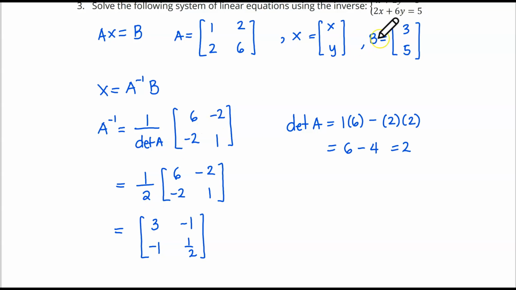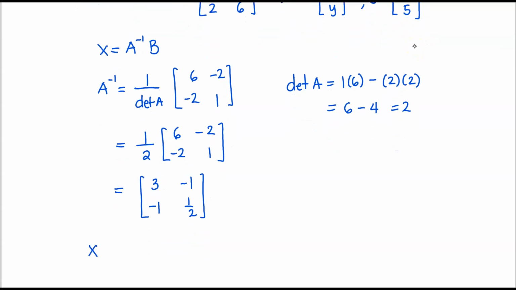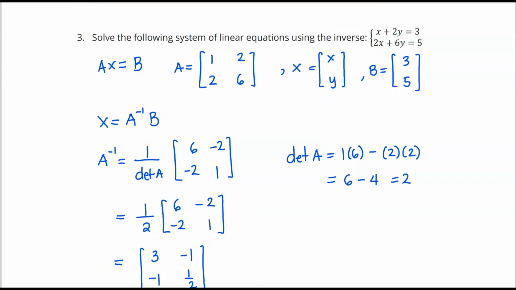Now, B is the column matrix 3 and 5. Then, to get X, you just multiply this matrix here by this matrix. So again, X is equal to A inverse B, and A inverse is equal to 3, -1, -1, 1/2. And then B is the column matrix 3, 5.